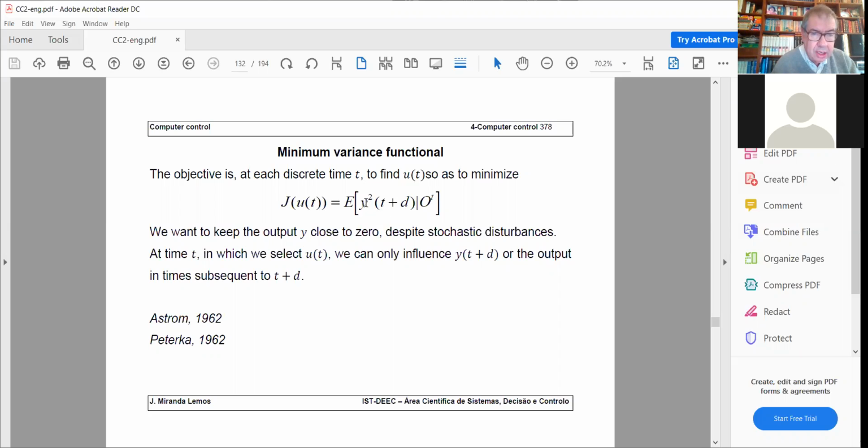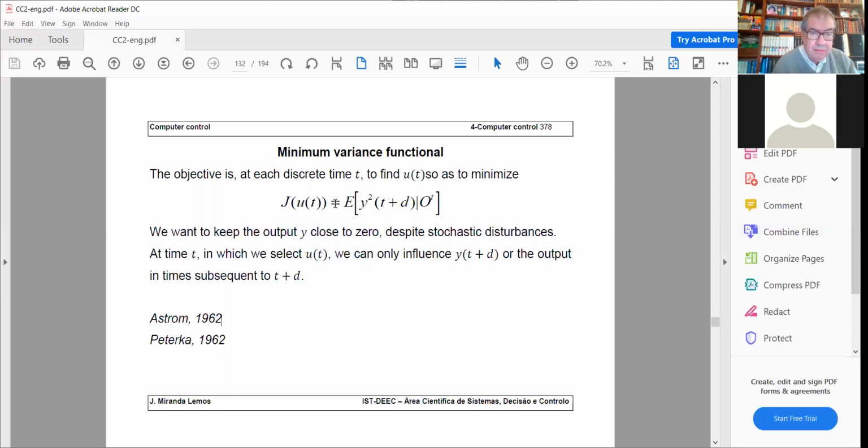Why consider the variance or the power, the variance is the same as the power, at time t plus d? Now, your system has a delay d. That's the difference between the delays of A and B. And so if you are at time t and you take a decision about your control variable at time t, the first time instant in which you are able to influence the system is after the delay, which is at time t plus d.